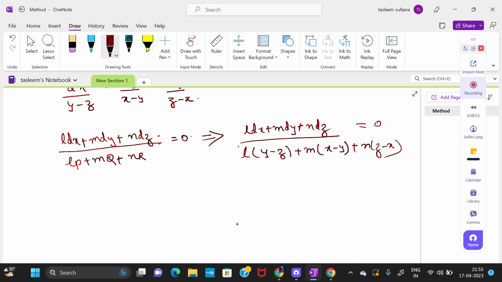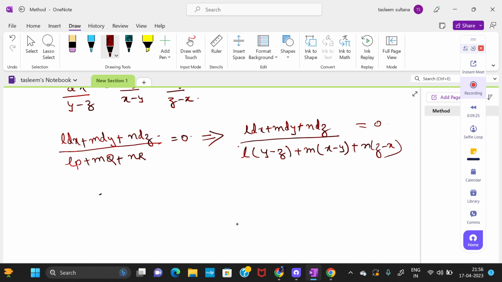Now see what values you're going to substitute here for l, m, n. If I substitute l equals 1, m equals 1, n equals 1, easily this term will become 0. Yes or no? Here y will get cancelled, z will get cancelled, x and minus x will get cancelled. We need two solutions here for writing the general solution.